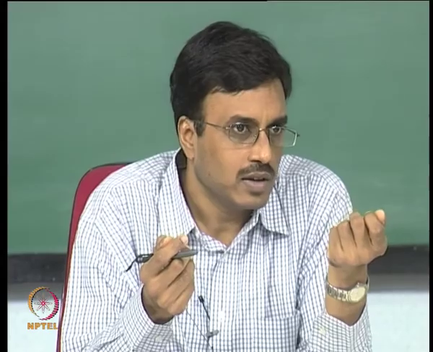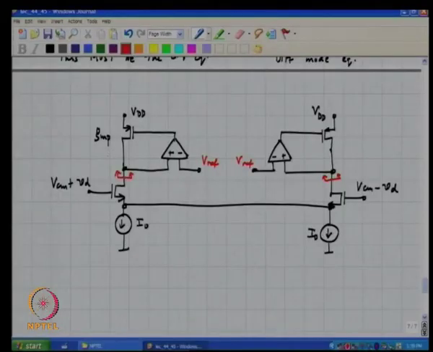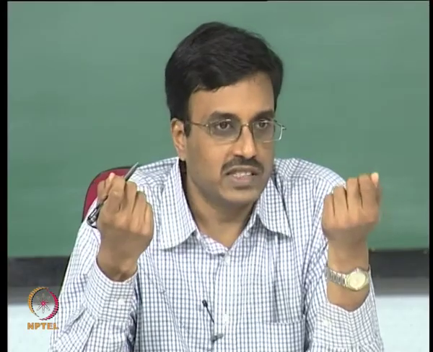so if the op amps are ideal, we see that regardless of whether you inject a common mode current or a differential mode current, right, the two voltages at these nodes, let me call this x and y, the potentials at nodes x and y remain put at Vref regardless of whether you push two currents in the same direction or two currents in the opposite direction through nodes x and y, right.